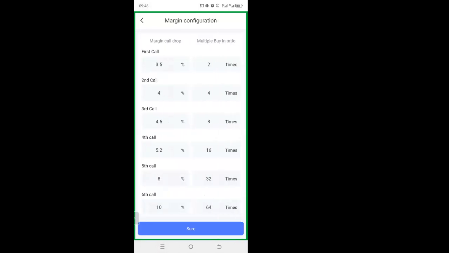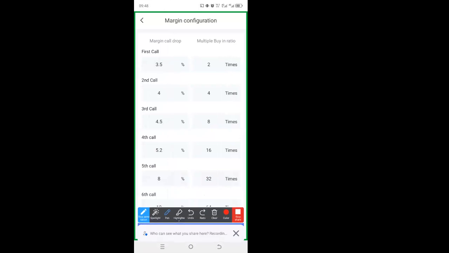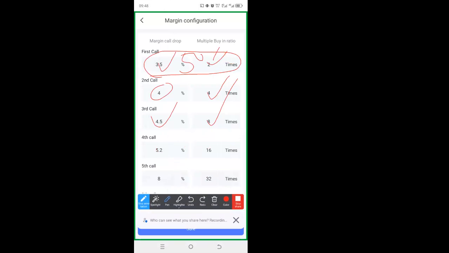Your margin call. Now, your call drop is still 15, right? We are using the same coin to set all these different strategies. The call drop is going to be 15. Your margin call is still 20.